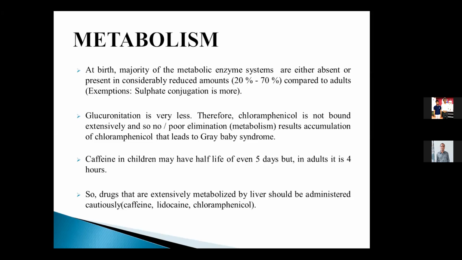Caffeine in neonates may have a half-life of even 5 days, whereas in adults it is 4 hours. So drugs that are extensively metabolized by the liver should be administered cautiously: caffeine, lidocaine, and chloramphenicol.